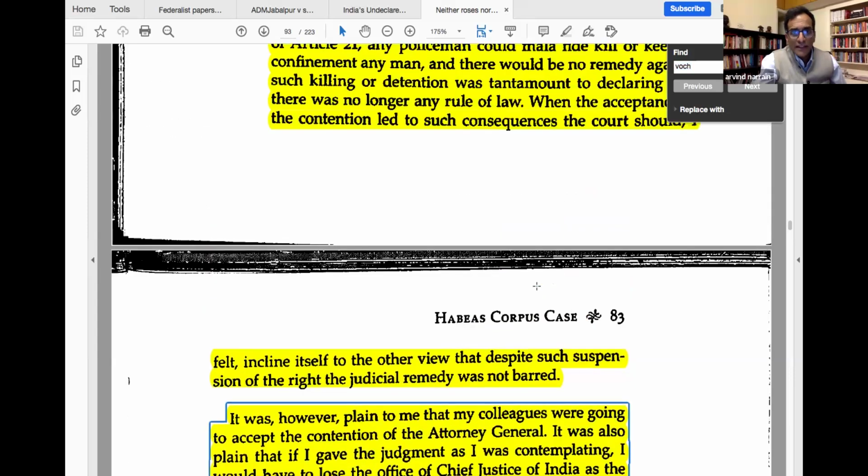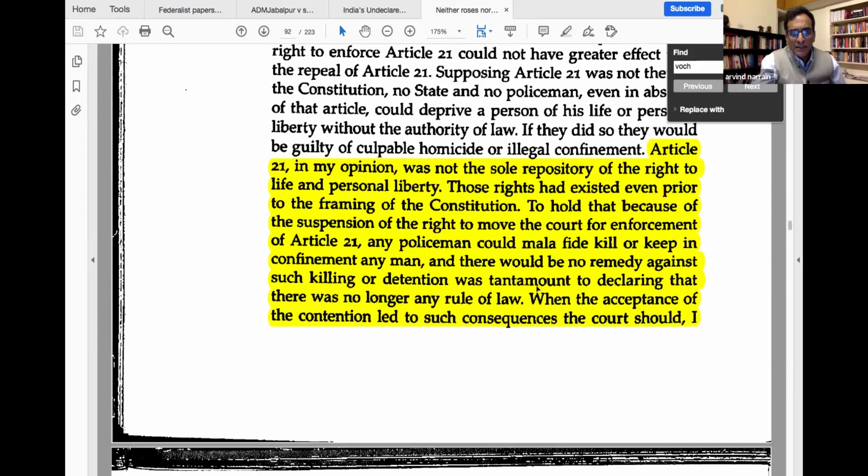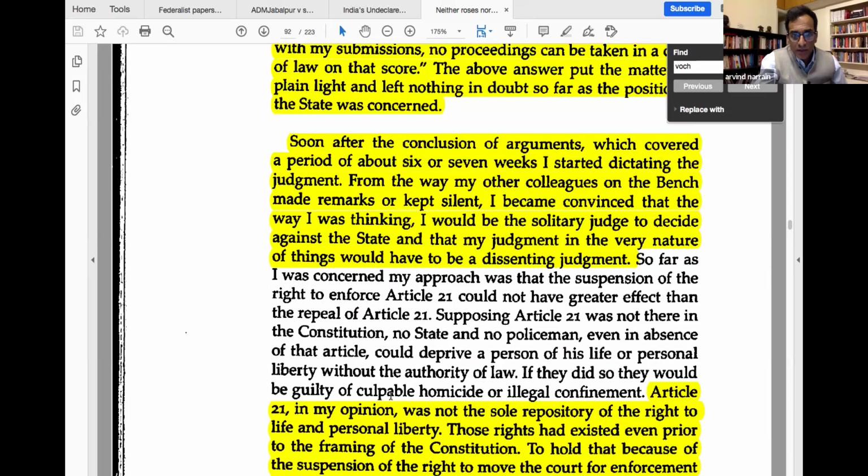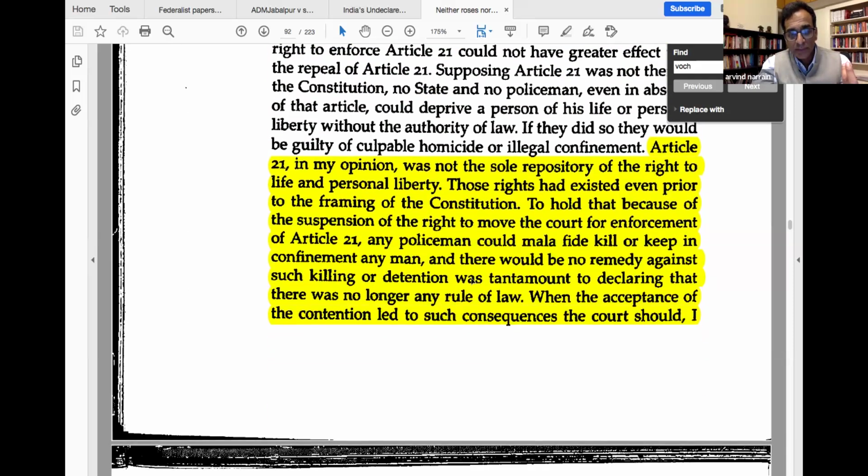Thanks. So I think these two paragraphs are very useful in also understanding this psychological dimension, the question of courage and fear, which we're talking about. You can see that the other colleagues, the way they make remarks or the way they keep silent, Justice Khanna knew that he would be the solitary judge to decide against the state, and the judgment would have to be a dissenting judgment.